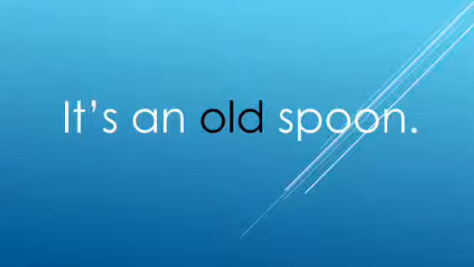It is an old spoon when we want to look at the age of the spoon. It is a red spoon when we want to look at the color of the spoon.